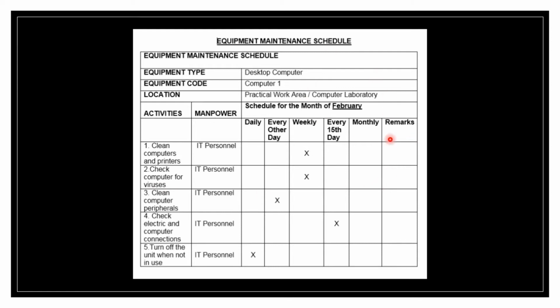So we have here an example computer maintenance schedule. For our activities later on, you can use this as your reference for your maintenance schedule. It must include the equipment type, code if there is one, the location, and most importantly your activities, like for example clean computers and printers, check for viruses, and then manpower.